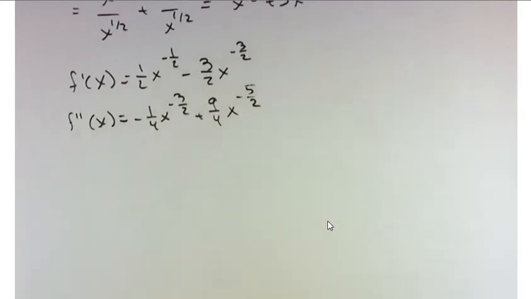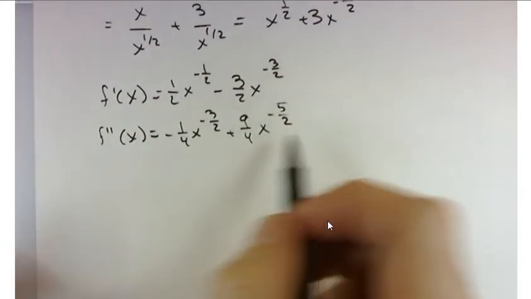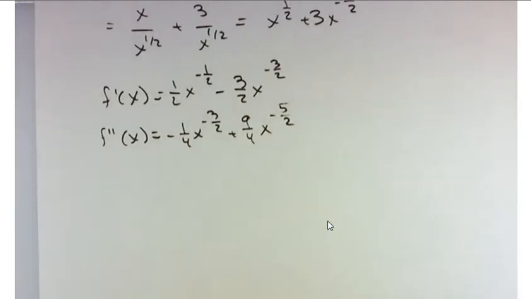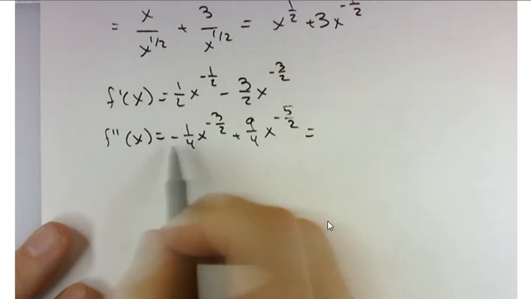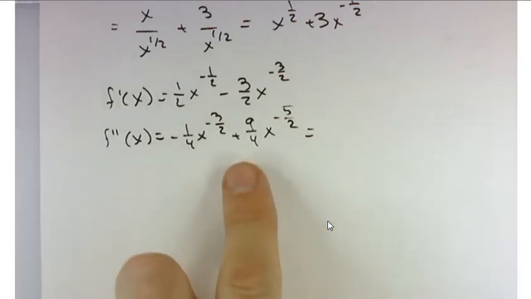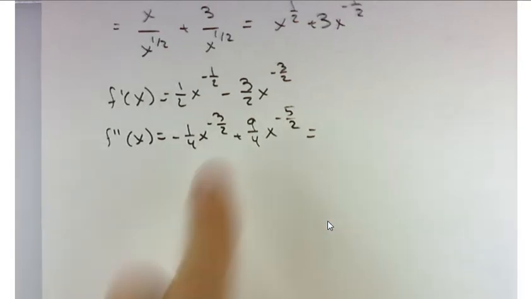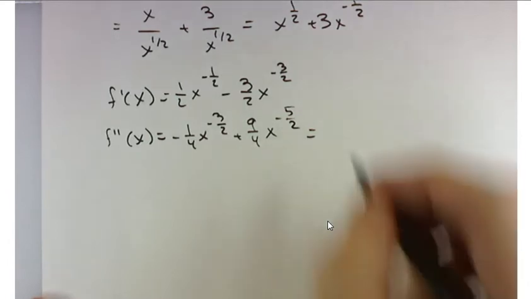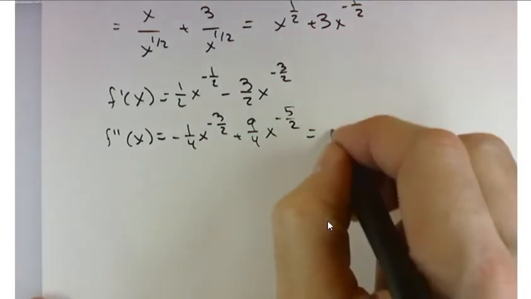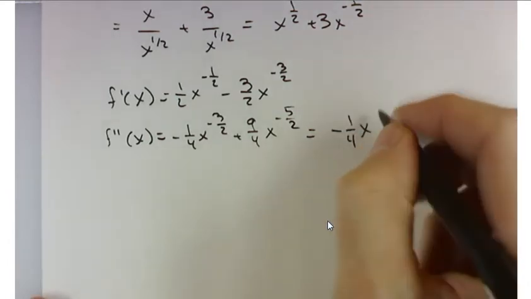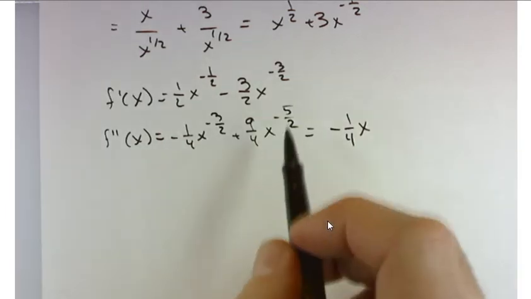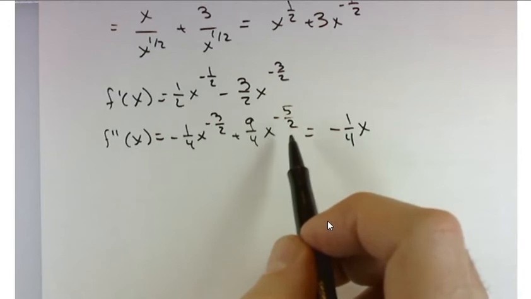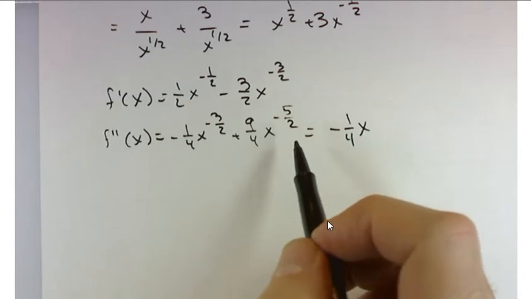Now, we come down to the part that we did in the last section. That is, we have to factor out something. Which term do you think I'm going to factor out? All right, so 1/4 x to the power, you want to go for the smaller one, the one that's farther to the left on the x-axis, so to the negative 5/2.